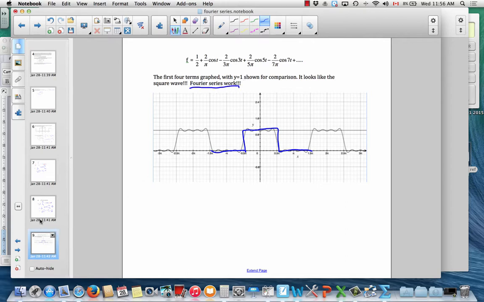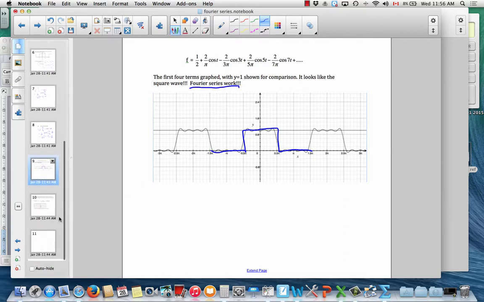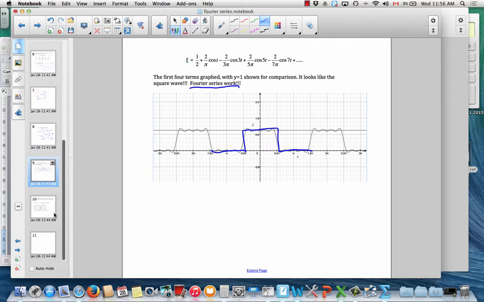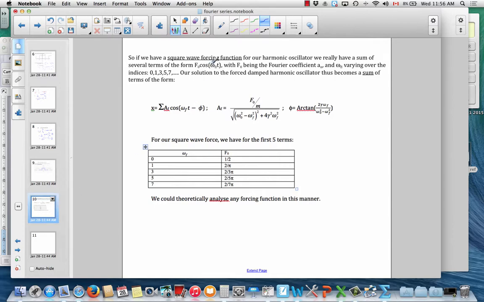Now, why are we mentioning it here on this unit in simple harmonic motion? Well, partly so that you see it. It may come up later in the course, but also partly because in our previous class, for our forced harmonic oscillator, we said, okay, we're just going to take cosine because that works in general. Now, the reason it works in general is if you've got some other forcing function, say like a square wave forcing function, then you can write that square wave forcing function as a sum of cosine terms, a sum of cosine forcings.